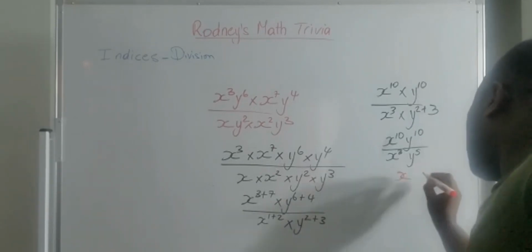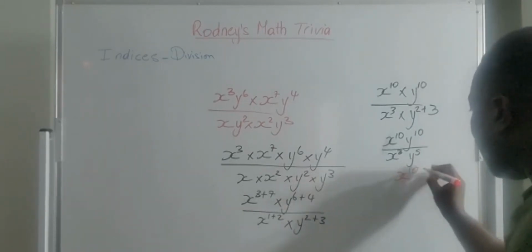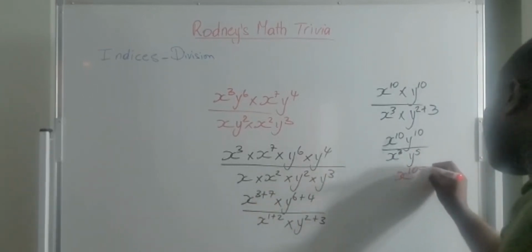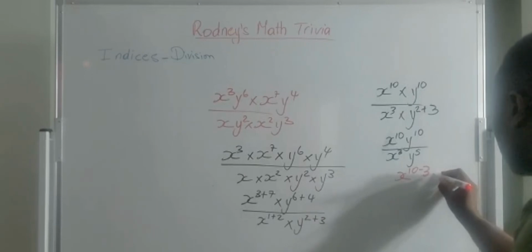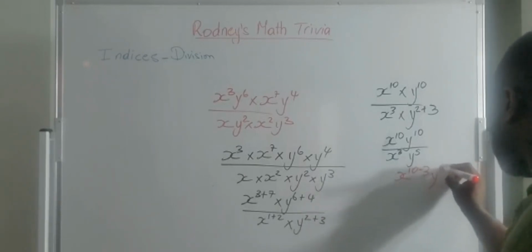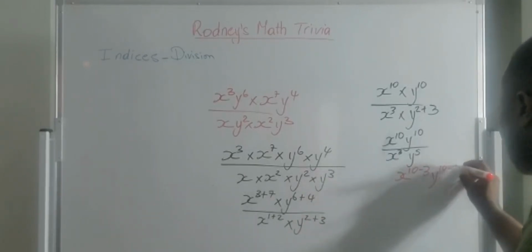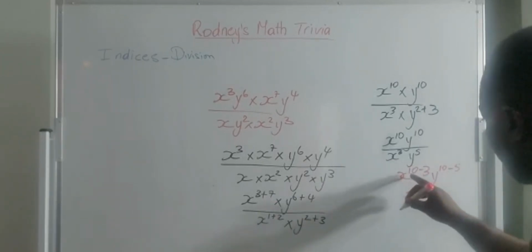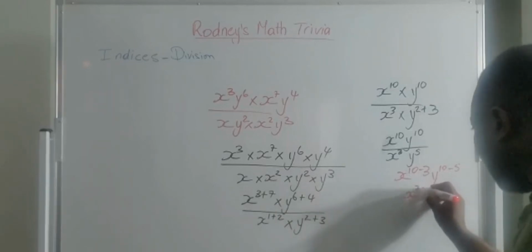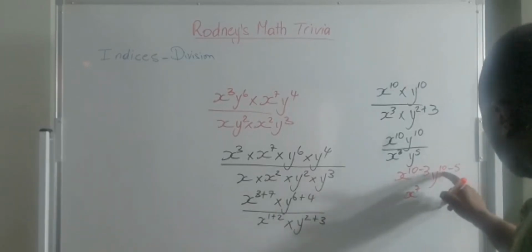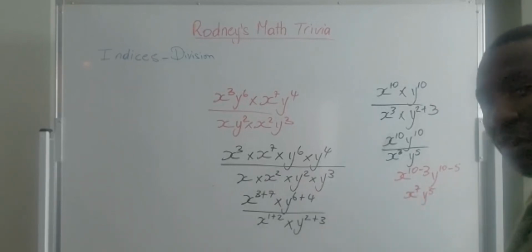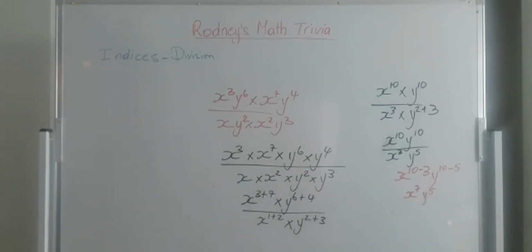So x to the 10th, and we are going to take the index of the denominator here, minus 3, y to the 10th minus 5, our result would be x, 10 minus 3 gives us 7, 10 minus 5 gives us 5, so our final outcome would be x to the 7th, y to the 5th.